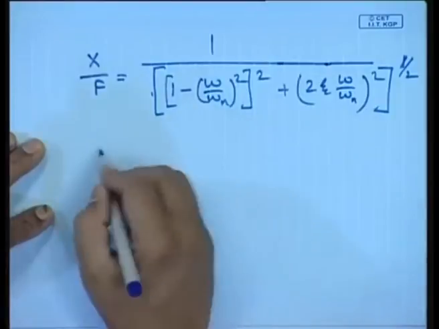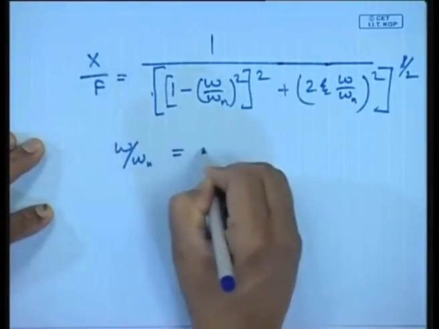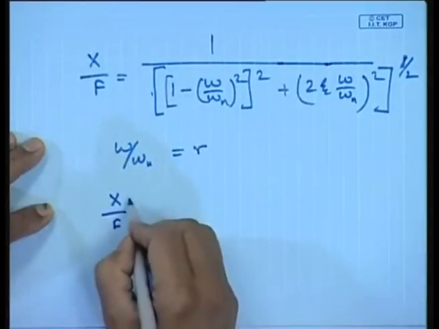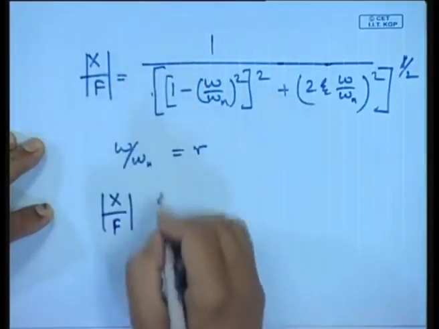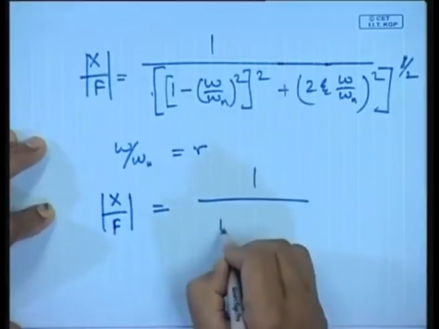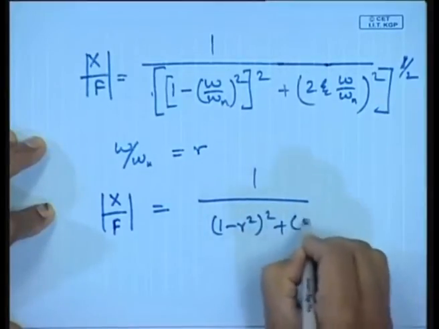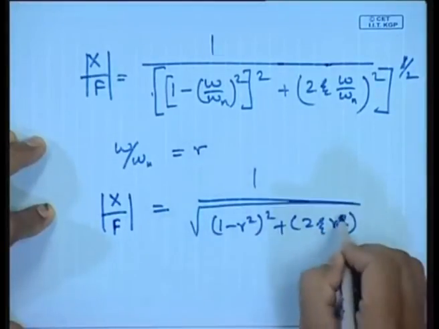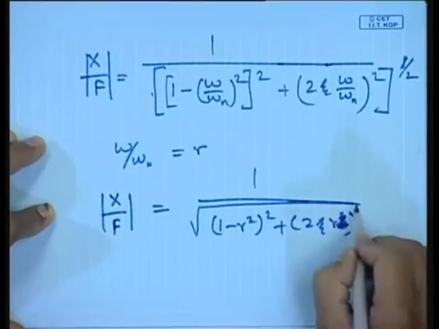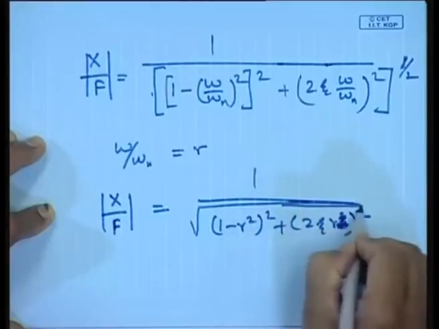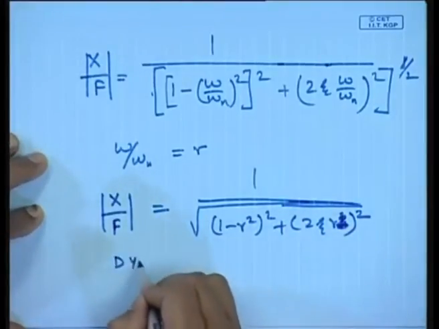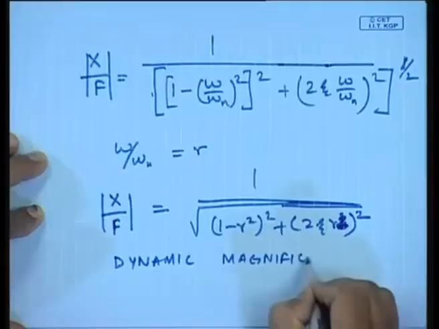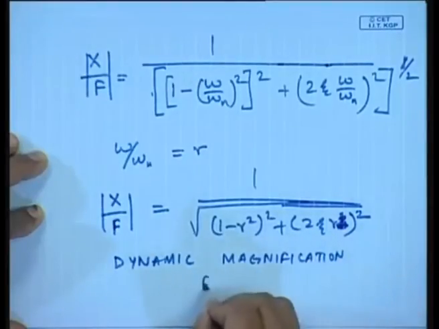If I again denote omega by omega n as r, the frequency response function is given by, sorry, 2 zeta r whole square, and this is known as the dynamic magnification factor.